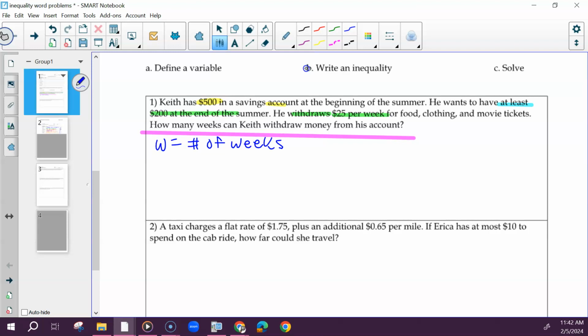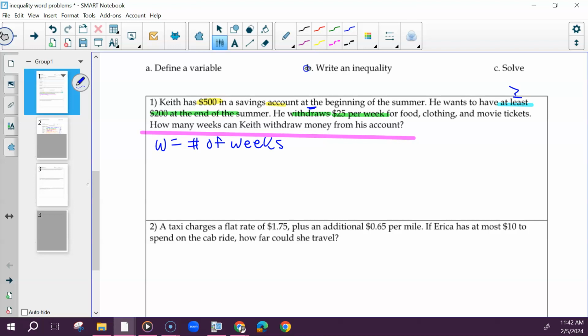If you want to have at least, that's going to be which symbol? Greater than or equal to. You can have at least this, so he wants this amount, but if it's more, that would be great. So greater than or equal to. If he's withdrawing money, what operation is that? Subtraction.